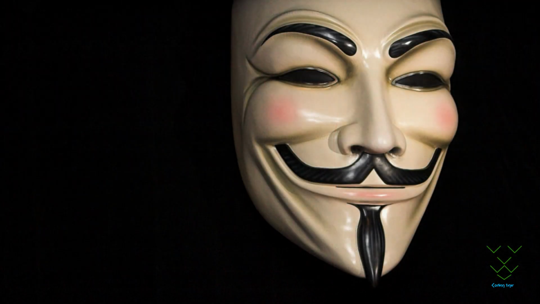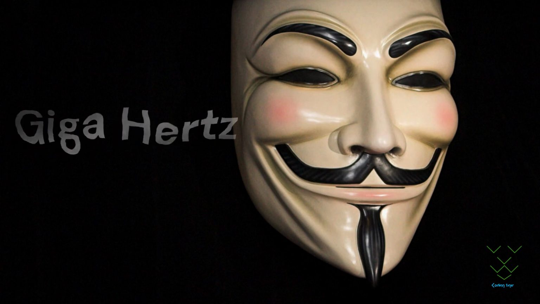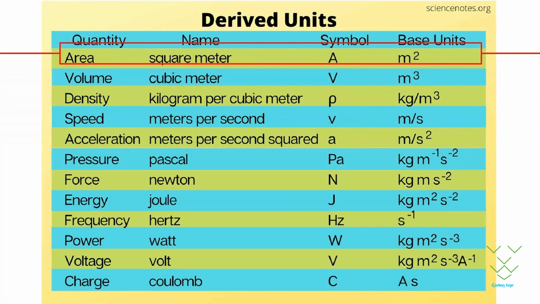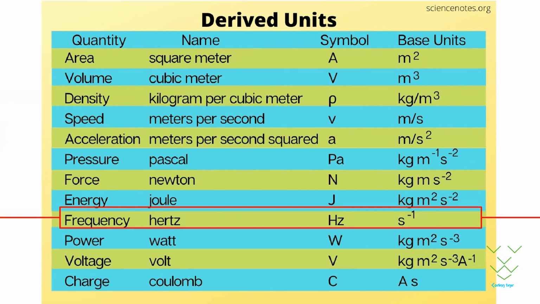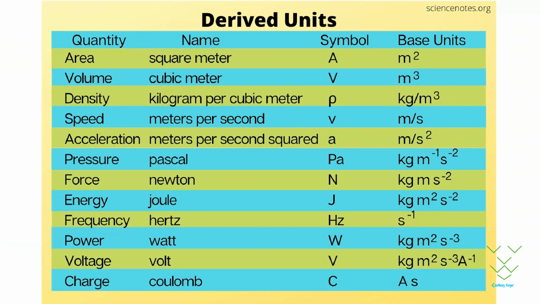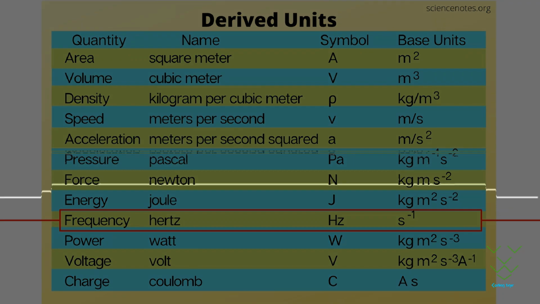We are looking at where this gigahertz comes from. Before that, let's talk about what Hertz is. Hertz is the unit of frequency. What is frequency? Frequency is the number of cycles per second in a wave.